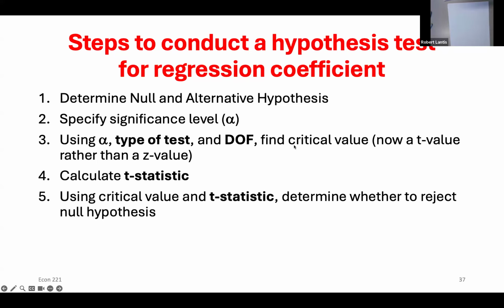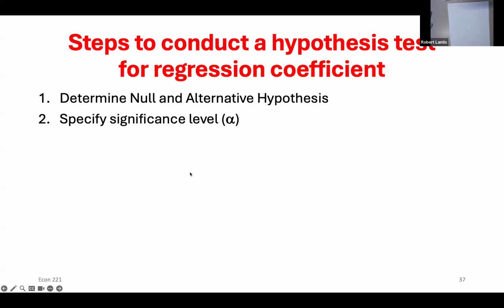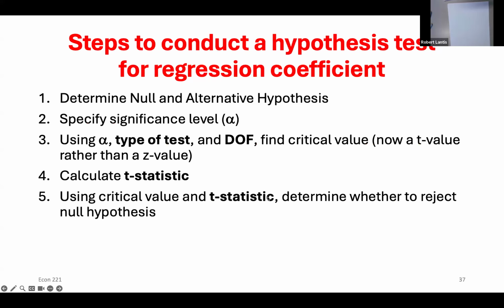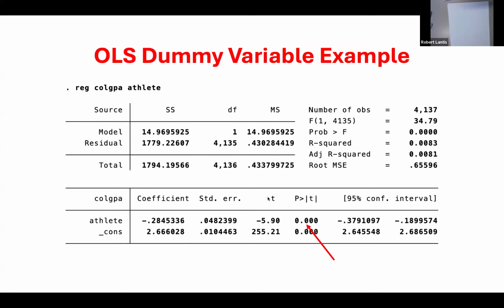We can find our critical value, and calculate our test statistic simply by taking the slope coefficient estimate and dividing by the standard error, since this is always zero. We could then compare the test statistic. Is it in the rejection region? We reject. We could also use our test statistic to find the p-value. If the p-value is less than alpha, we reject. Or we could look at the confidence interval, and if it includes zero, we fail to reject, and if it doesn't include zero, we would reject that assumed true value of zero. So everything applies the same.